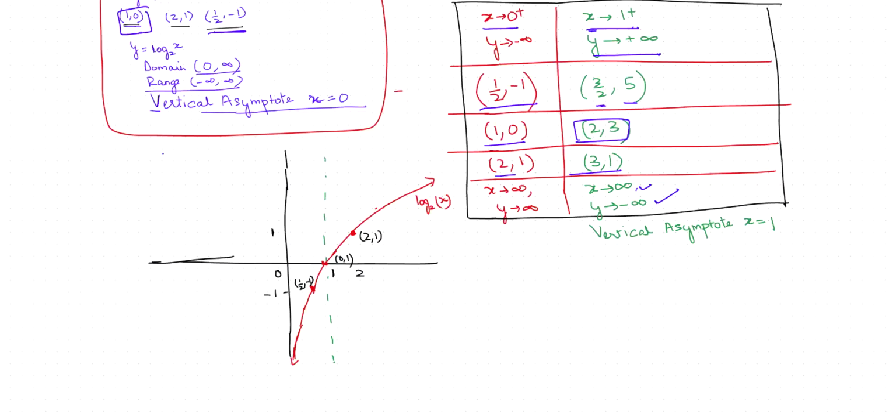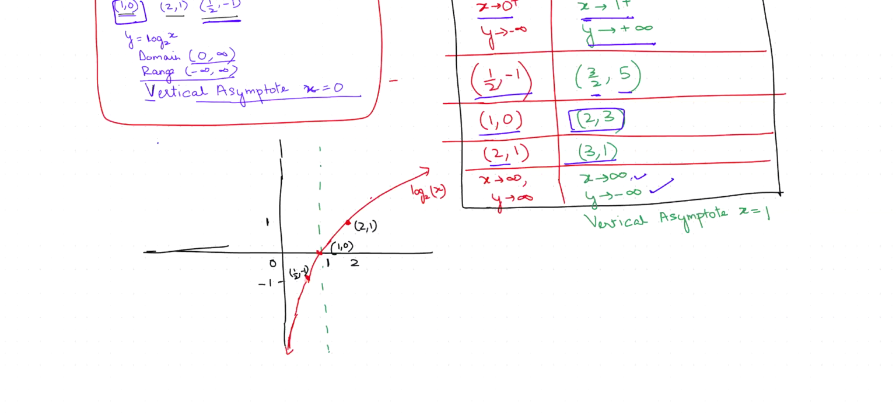So this is a graph of log base 2 of x. We can see we plotted the 3 points, half, negative 1, and sorry, this is 1, 0. So 1, 0 here and 2, 1.